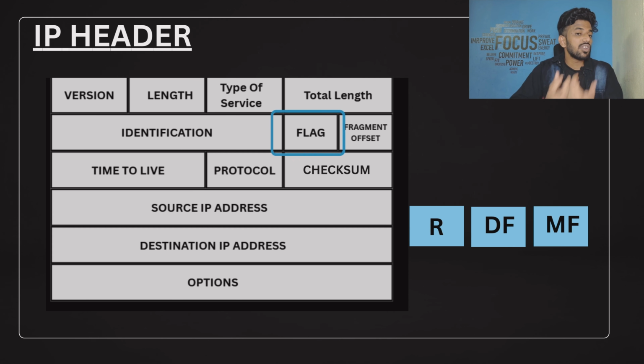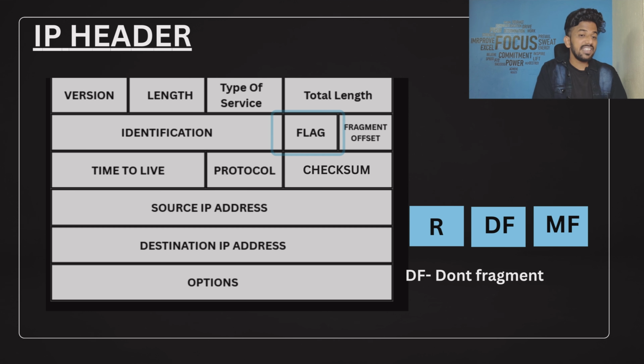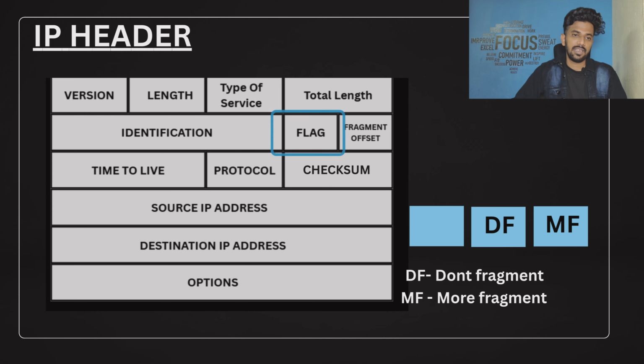Now, we'll discuss bit 1. Bit 1 is DF. What does it do? DF means don't fragment. If it is set to 1, the packet must not be fragmented. If it is set to 0, the packet can be fragmented if needed. The next one is bit 2, that is MF, more fragments.